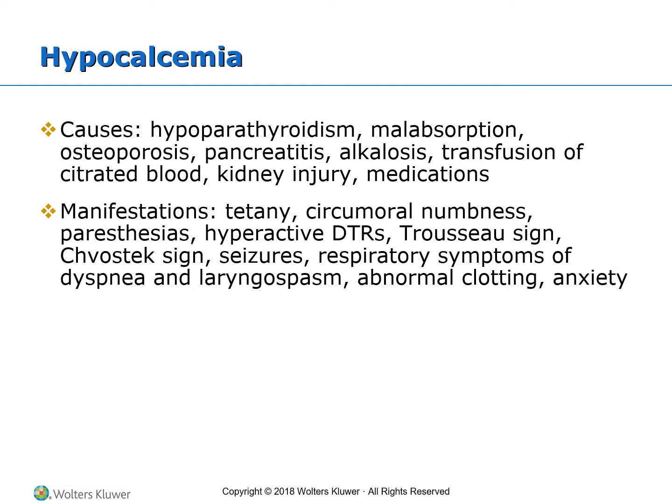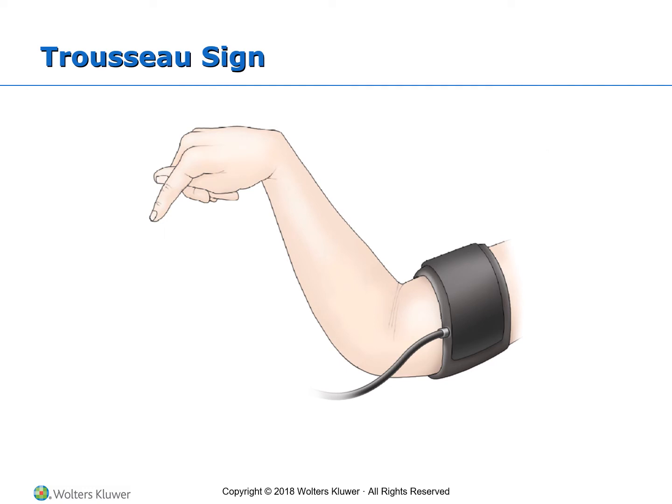You also have Trousseau's sign. So you're going to take a blood pressure cuff, find out what their normal systolic is, go 20 millimeters of mercury above that, and in 2 to 5 minutes, you should see carpal spasms. So there's Trousseau's sign.